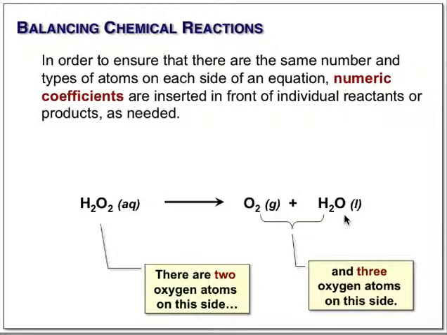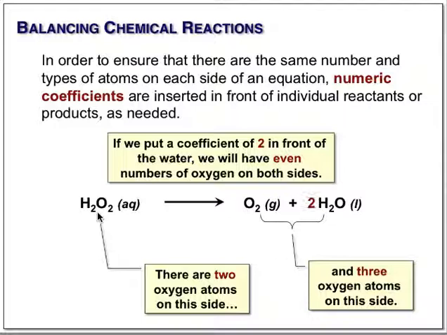In order to make this balance, a simple way to do it is to take the fact that this is odd and this side is even, and fix that by inserting a coefficient to make it even on both sides. We can do that simply by putting a 2 in front of our water, so now we have 4 waters, and again it's even on both sides.